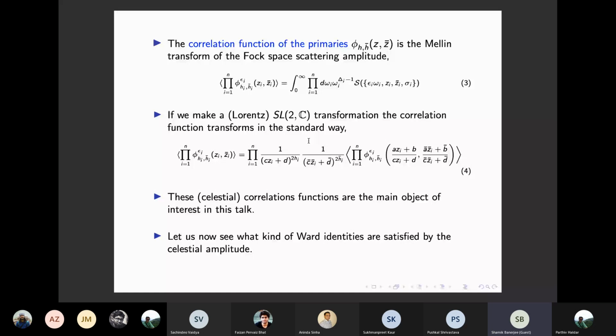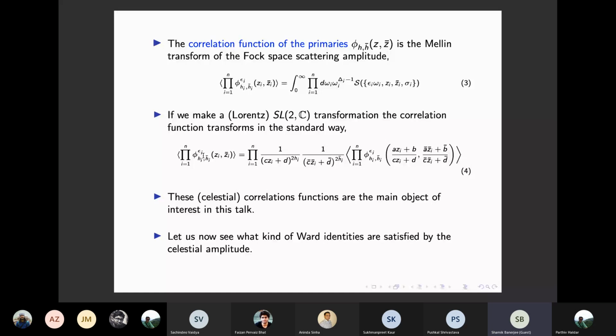The other thing I want to mention is that if you do this integral transformation on S, you get this left-hand side, and that transforms like the correlation function of a conformal field theory on the sphere, or actually I'm working on the plane.